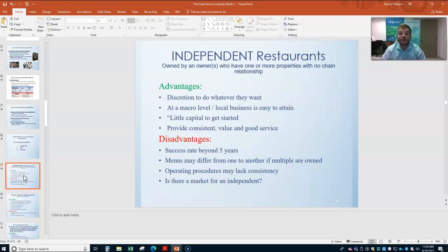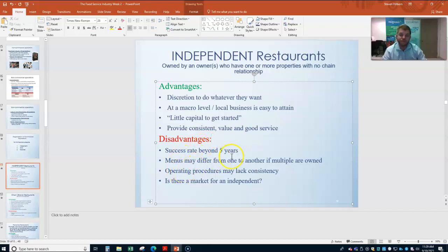So Donnelly's, which is a pub down on Dunlop Street, or the Grilled Cheese Factory, or 148, or all those ones that are in Barrie, are considered an independent restaurant. They can do whatever they want. Local business is fairly easy to attain. It's less capital to get started, and they often provide consistent value and good service.